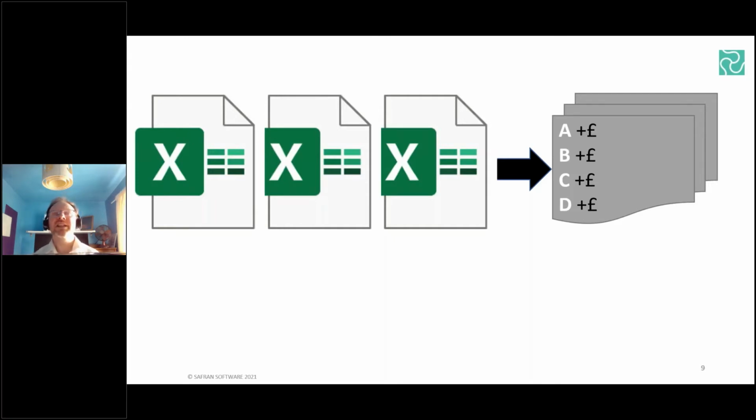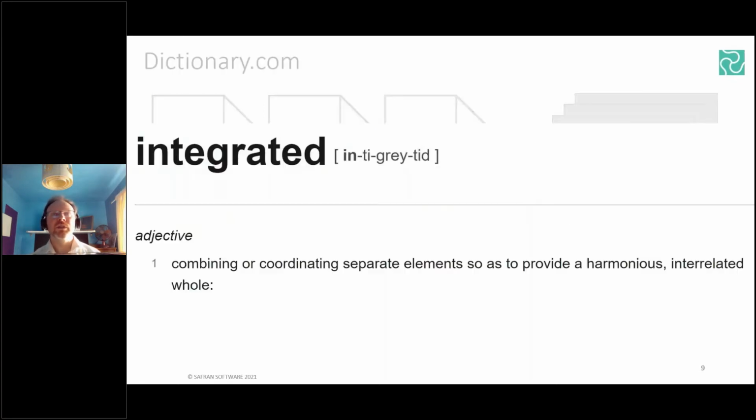So this is why having a singular integrated model is going to be far more helpful in comparing these two scenarios. So let's just quickly remind ourselves of what being integrated means. It's to combine and coordinate separate elements so as to provide a harmonious, interrelated whole. So in my career examples thus far, I've really been struggling to get away from a disintegrated position, which is the opposite of this.